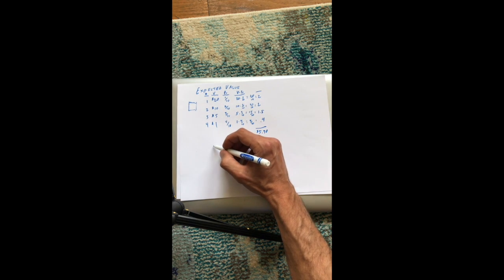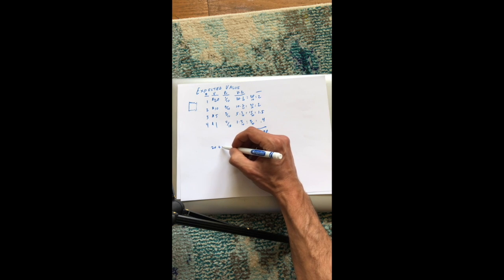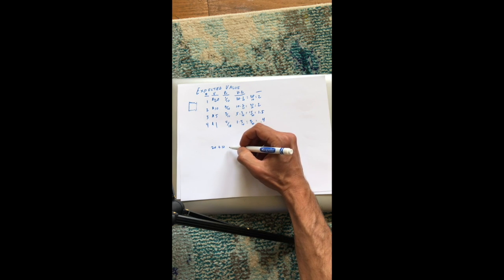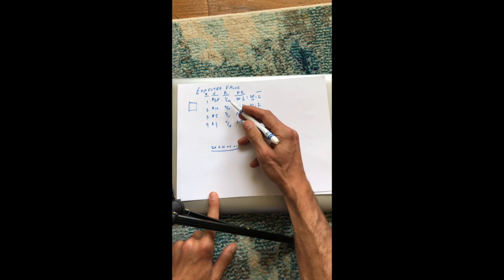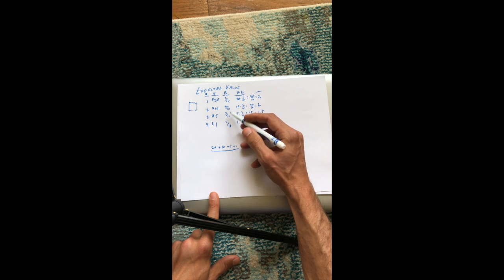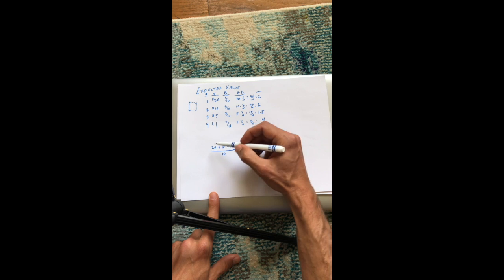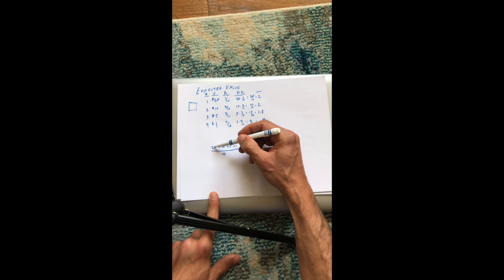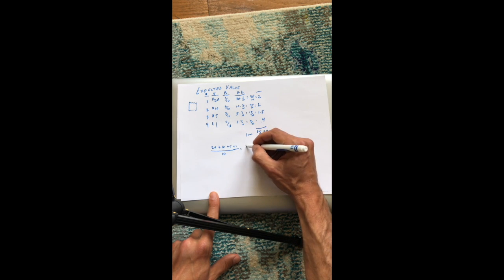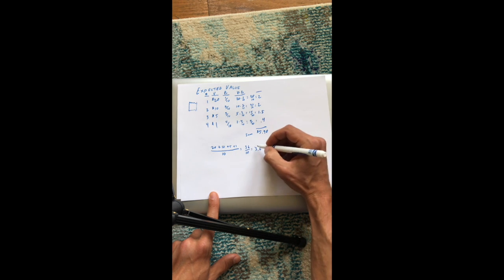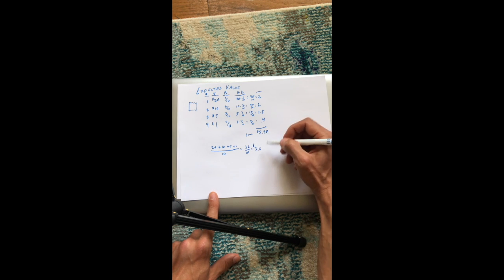So 20 plus 10 plus 5 plus 1, divided by 10, because there's 10 possible outcomes. So let's see, this ends up being 36 tenths, which is 3.6, which is not the same thing.